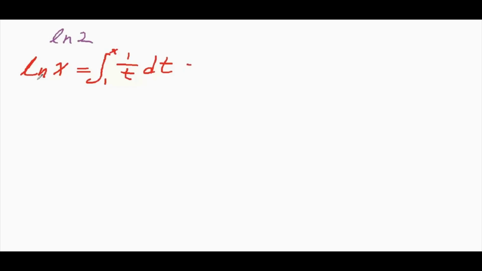So if we do this integral, then this would end up being natural log of absolute value of x. I'm not going to put the absolute values because it's immaterial to this procedure. And then we would go from 1 to x. Sorry, this should have been a t.